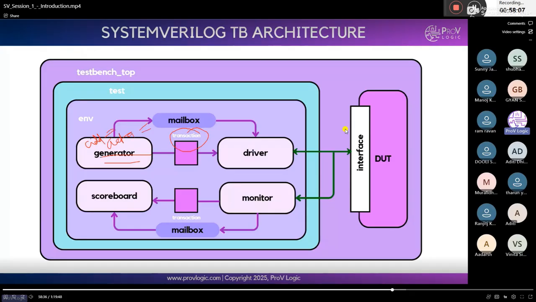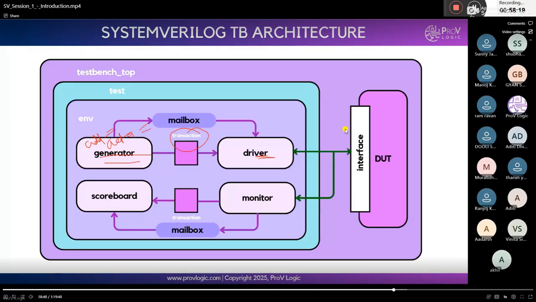Like that, a lot of different random data will be assigned to the inputs. That random data we are sending to the driver. Actually, from the generator we would need to send directly to the DUT, but we cannot send directly to the DUT. Here we are using the driver. From the driver we send the same address values, data values, input values, clock, reset, everything to the DUT. All the control signals or bus signals, whatever the inputs are, we are sending from the driver to the DUT.